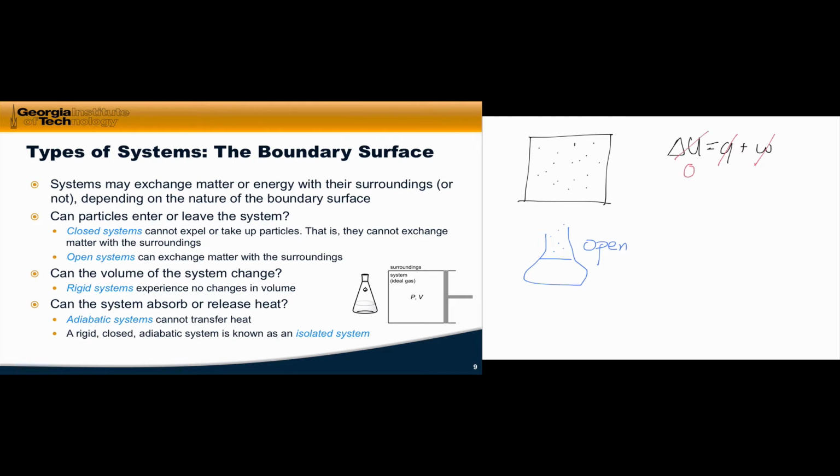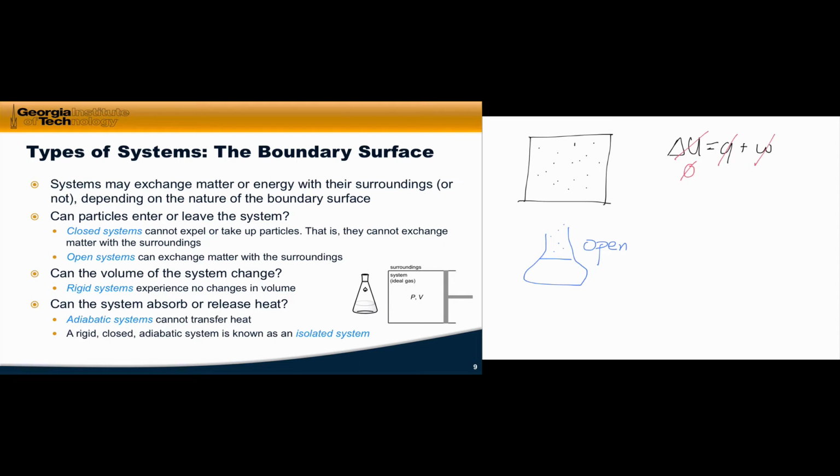That means that the overall change in energy is 0 for all processes that such a system can engage in. And so a rigid adiabatic system cannot exchange energy with its surroundings. Since we've defined the system as closed, it can also not exchange matter with its surroundings.